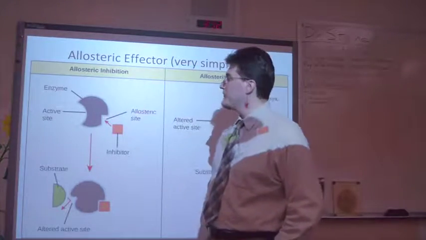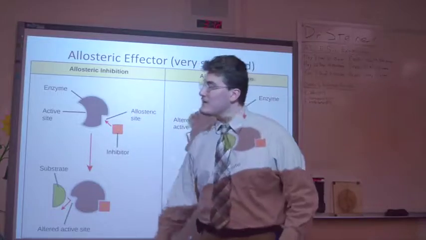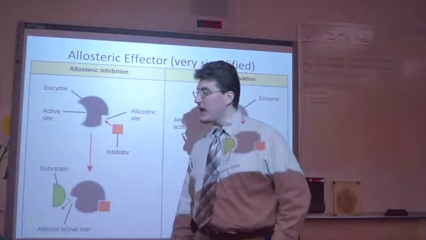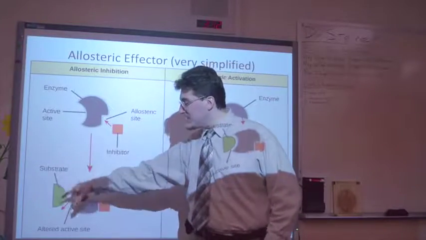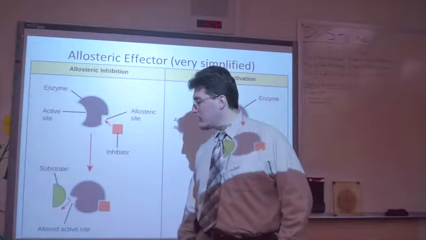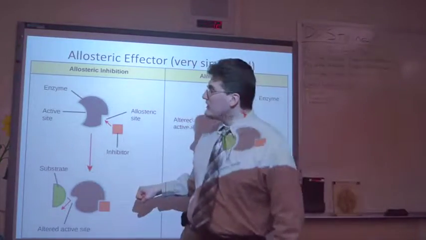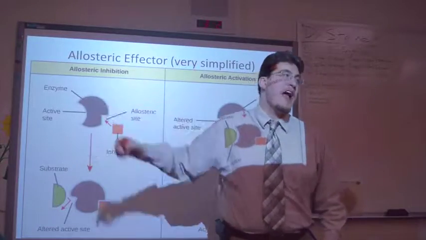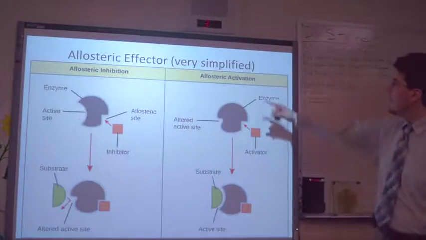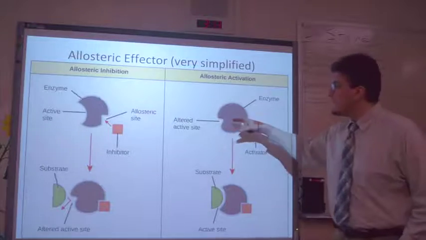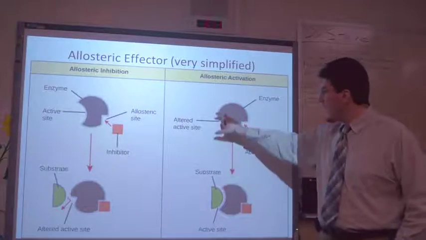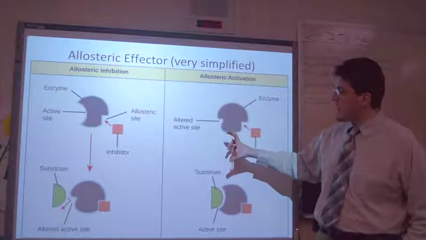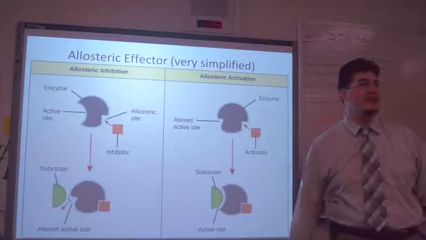An inhibitor will enter the allosteric site and change the shape of the active site, disallowing a substrate from entering the active site. Without the inhibitor, this substrate would fit perfectly into the active site and the reaction may proceed. In an allosteric activation, the active site does not allow the substrate to enter. The activator enters, changes the shape of the active site, and allows the substrate to enter.